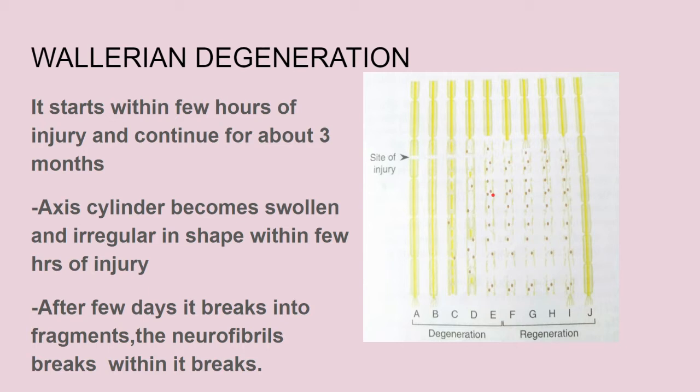The neurofibrils will break down into granular debris and are seen in the space occupied by the axis cylinder. As you can see, the small things are the neurofibril debris. They are the fragments of the neurofibrils, so they will be seen all around in the axis because they will break up into fragments.